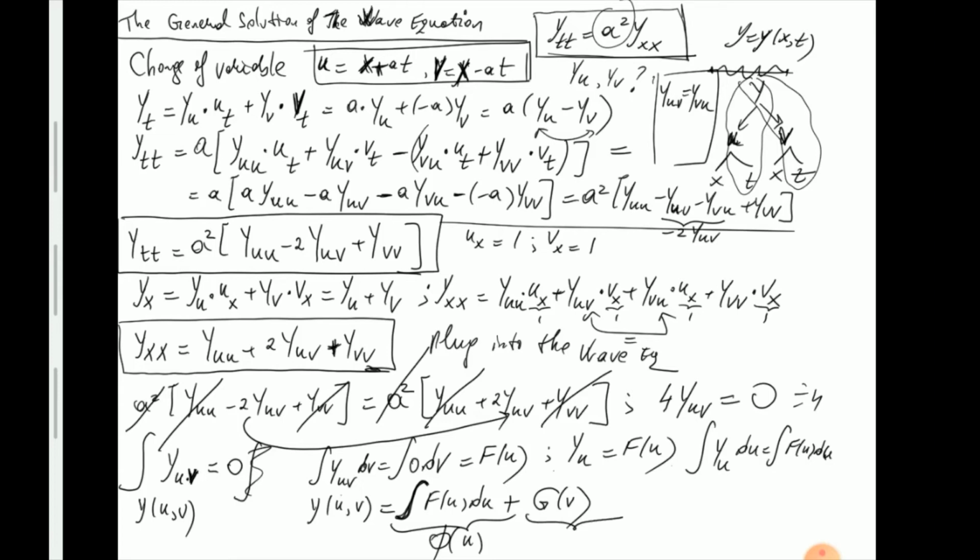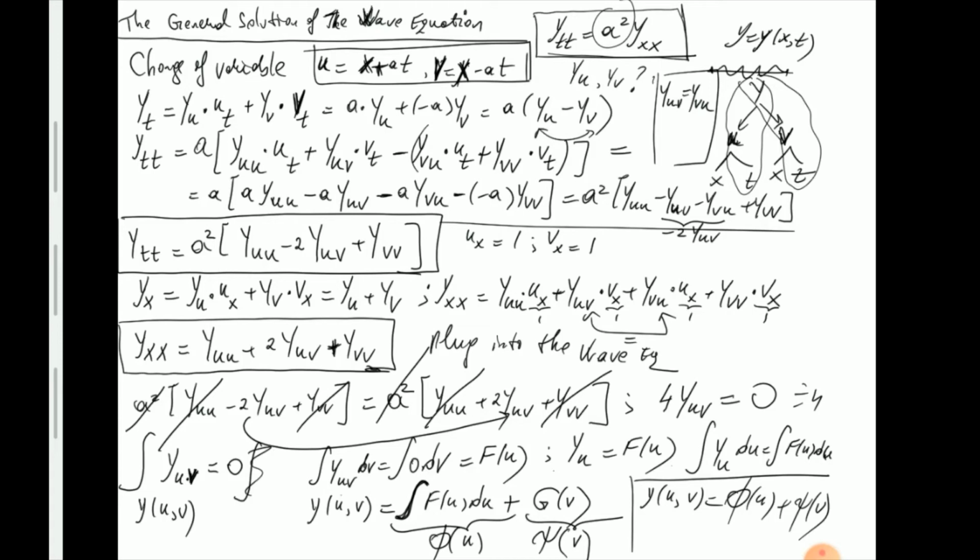And just to have some consistency with the Greek letters, we're going to denote this by psi of v. So this is kind of anticlimactic probably, but the idea is that the solution of the wave equation in terms of u and v is just some function of u plus some function of v, under appropriate assumptions like differentiability and all those good things.